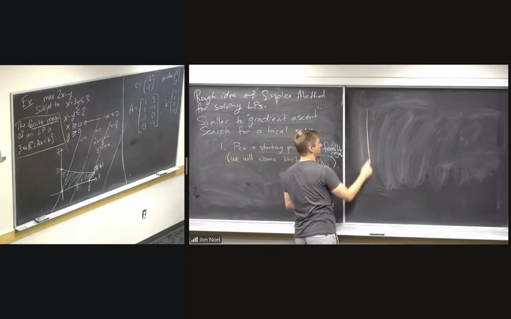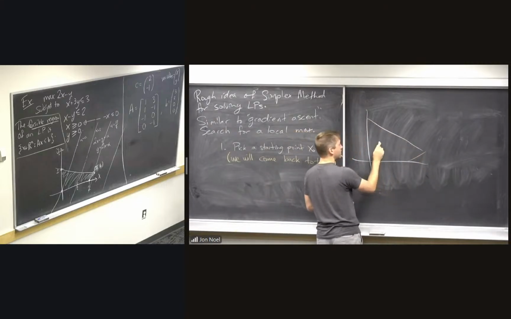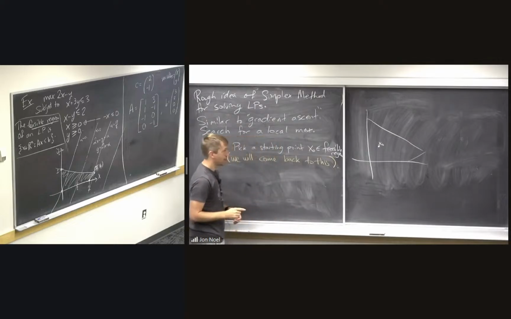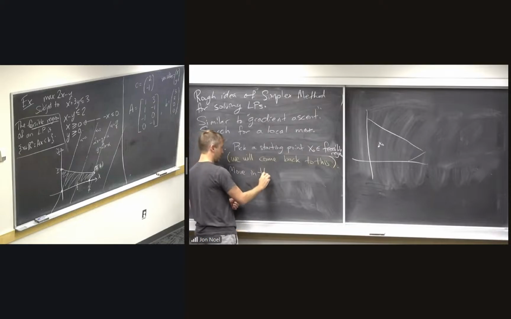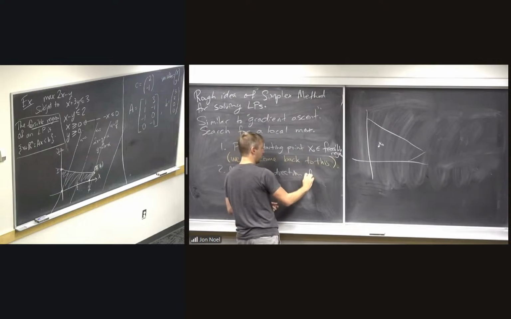In the kind of picture we had over there, I could start at some x naught. And then move in the direction of the gradient. What do I mean by the gradient?